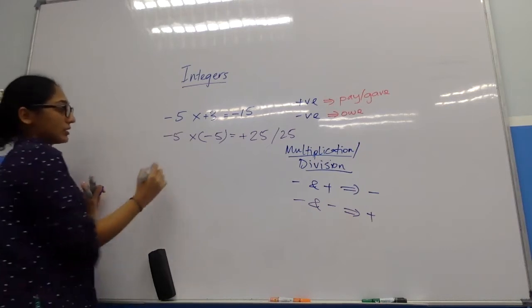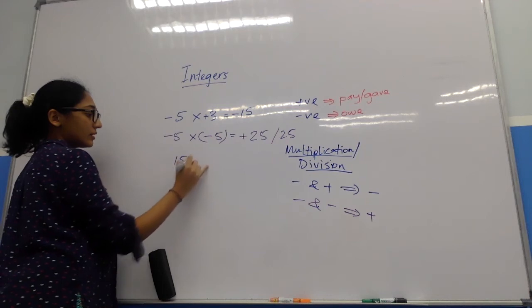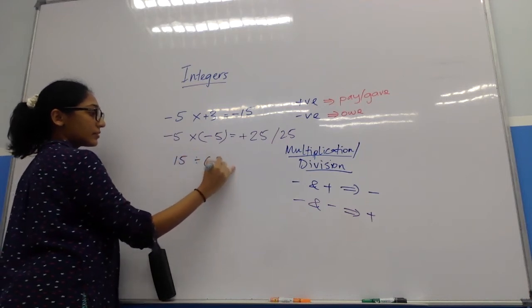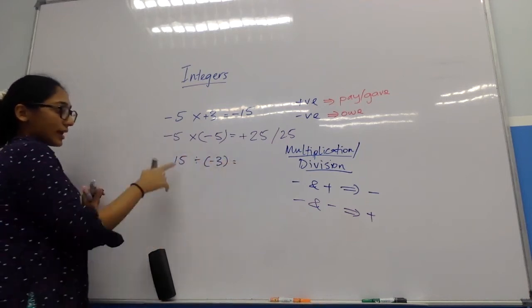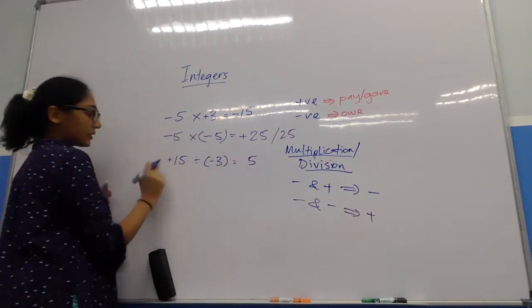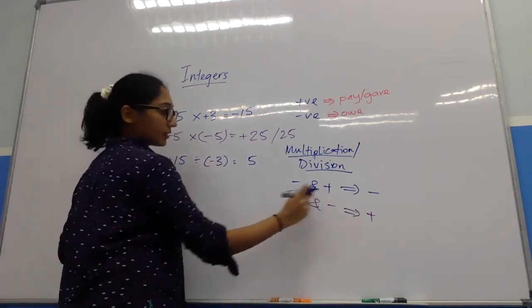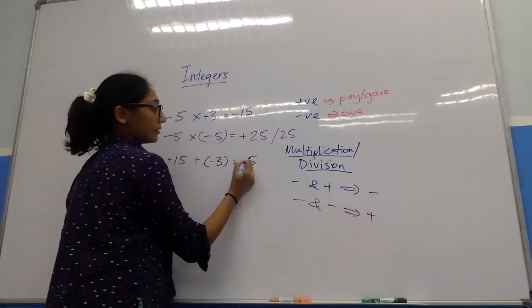Same thing with division. Let's say I have 15 divided by negative 3. So I divide as normal, 15 divided by 3 is 5. Now this is a positive because nothing is in front of it. Positive and negative, I get a negative.